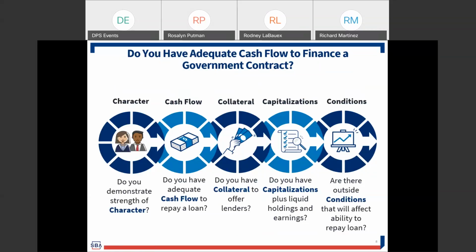Lenders are looking for collateral to secure your loan. Capitalization: do you have capitalization plus liquid holdings and earnings? Are there outside conditions that will affect your ability to repay a loan? These are key things you have to ask yourself to be able to finance a government contract.